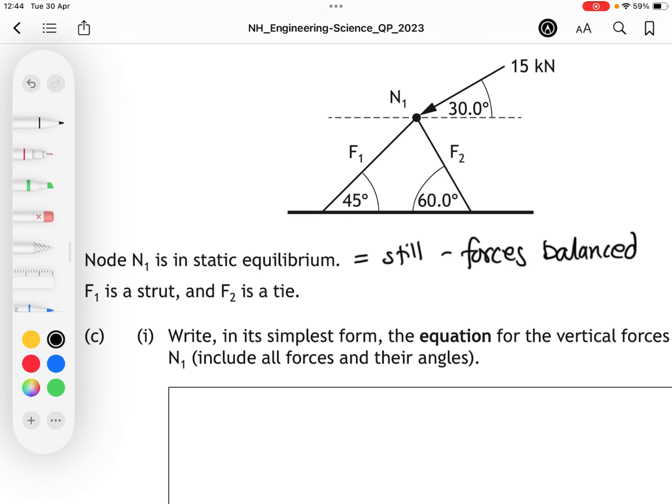And hopefully what that means is you understand that the forces inside F1 and F2 are going to be acting in different directions. So because F1 is a strut, the internal forces are going to be acting towards the node N1. And because F2 is a tie, the internal forces are going to be acting away from that node.